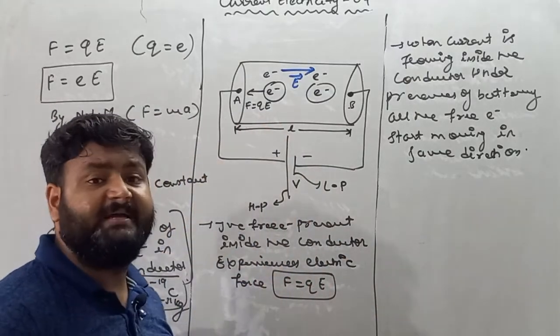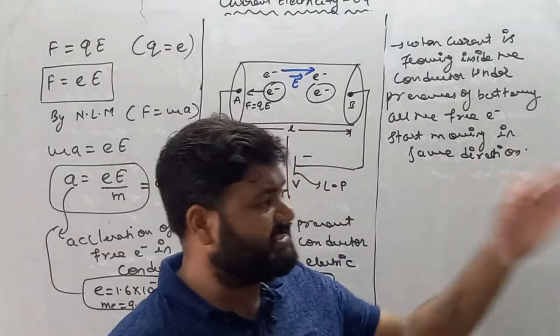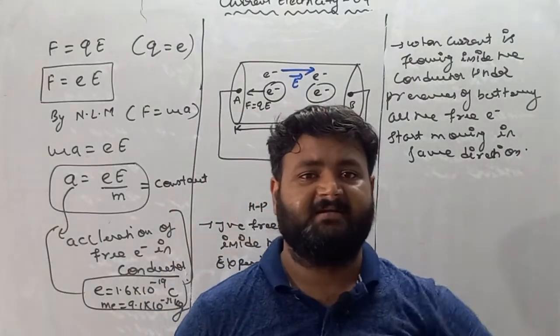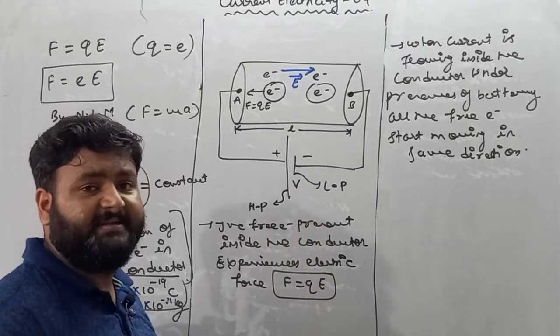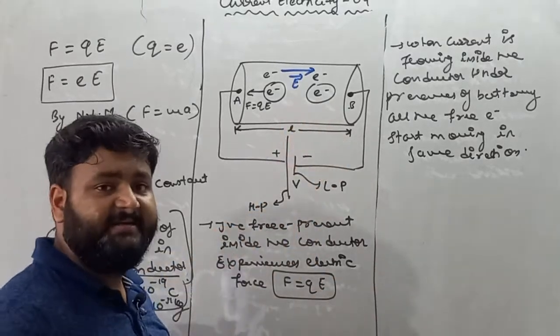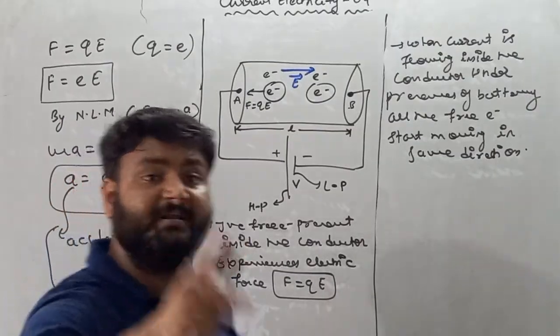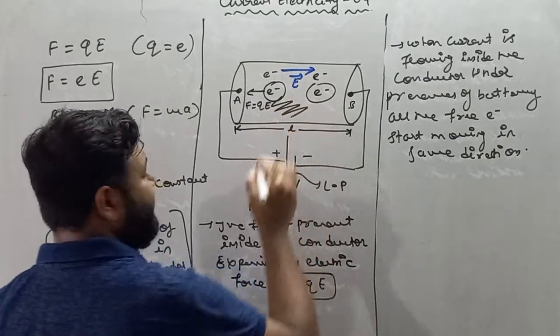Now see, when the battery is not connected with the conductor, no free electrons can reach from point A to point B. Their motion is zigzag. After connecting the battery, now we achieve current. All the free electrons are moving in the same direction, but remember, still the motion of free electrons is zigzag, my dear students.